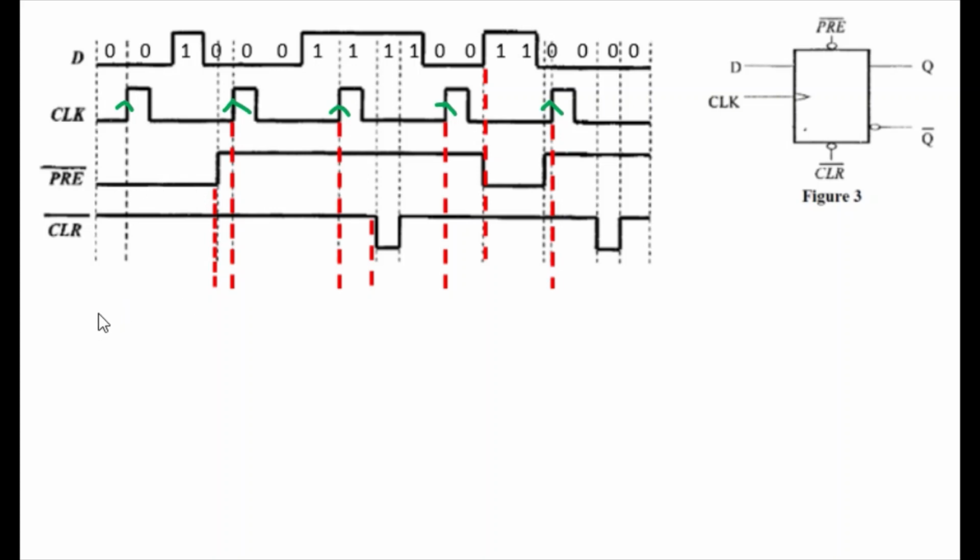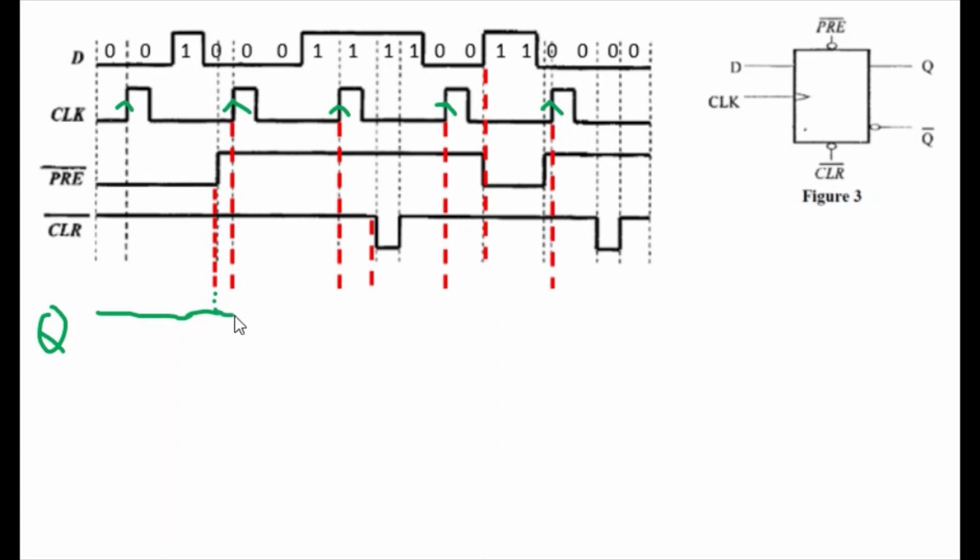So initially our output Q will be 1, and it will remain 1 while preset is 0. Now the third priority is the clock. Is this the positive edge of the clock? No, so it will remain 1 till the positive edge of the clock.